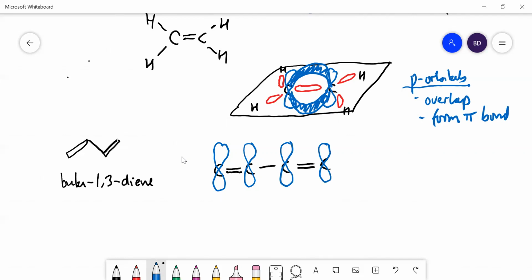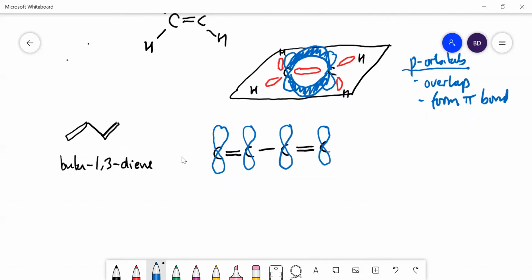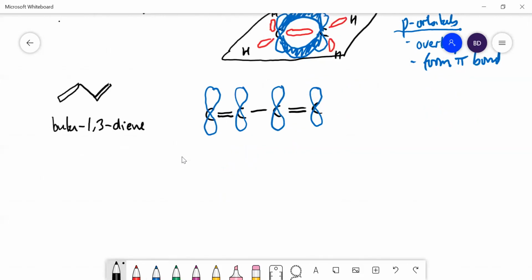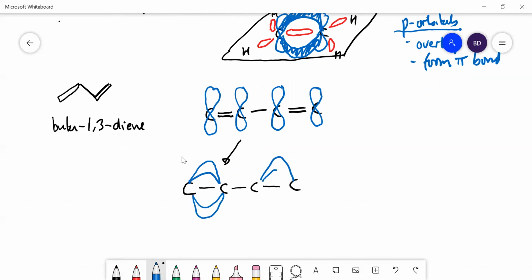You might think it forms 2 pi bonds, one there and one there like that. That is not what happens, because if you look at the distance between those 2 p orbitals, it's the same as the distance between those 2 p orbitals there. So instead of forming separate pi bonds, the whole lot all mixed together.